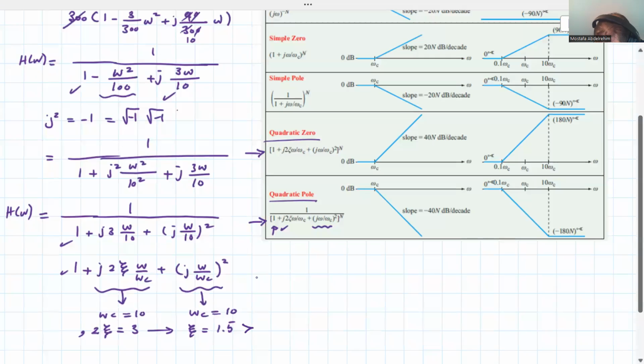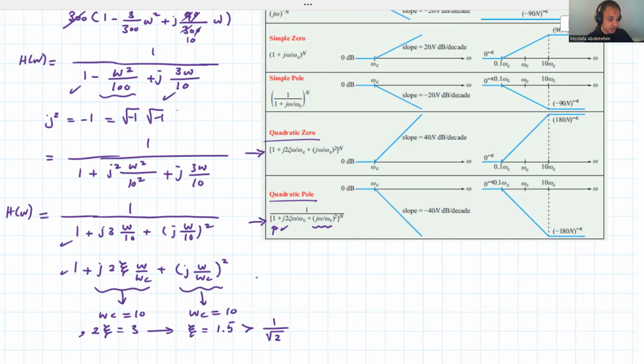And it's higher than 1 over square root of 2. We saw last lecture that zeta will change the Bode plot a little bit based on its value. There will be some smoothing, or some resonance peaks, under some condition. So we have to determine zeta and compare it to 1 over square root of 2.